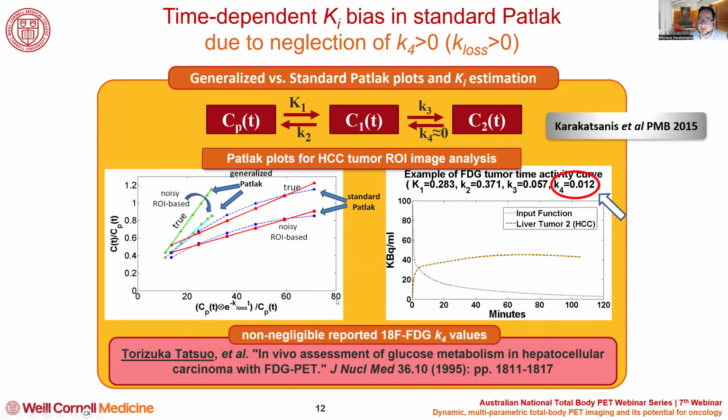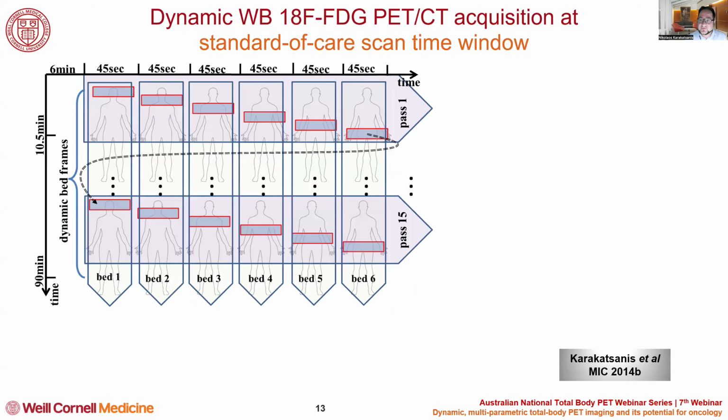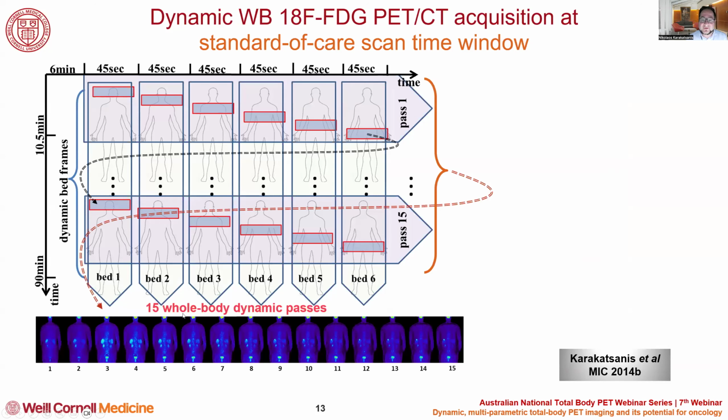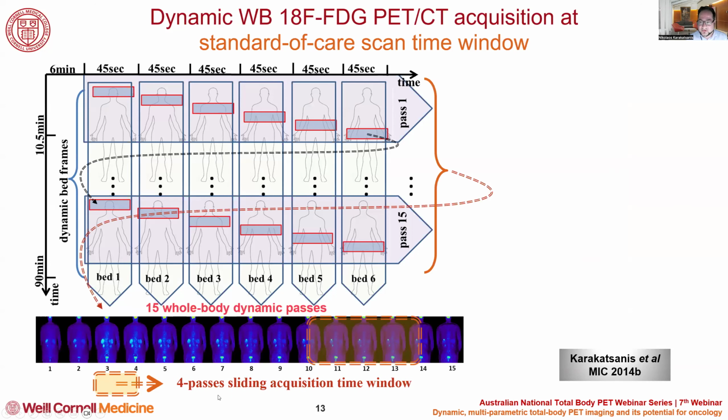So moving forward, the first evaluation with this method was done on simple limited axial field of view scanners. We scanned a patient for the first 6 minutes, and then we scanned 45 seconds per bed, multiple passes. And then we obtained 15 whole body passes over a period from 0 to 90 minutes. And then we chose only 4 of those passes, and we looked at the Ki values that we estimated as we slid this 4-pass window over time. And we noticed that the Ki was varying.